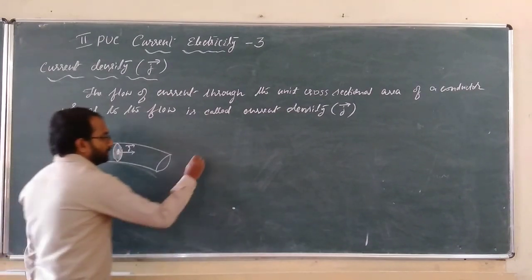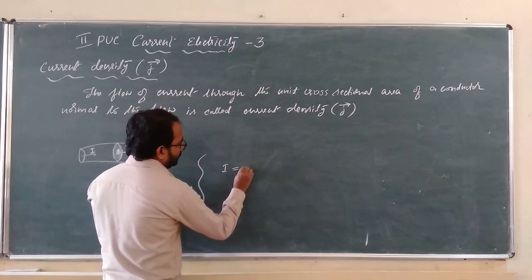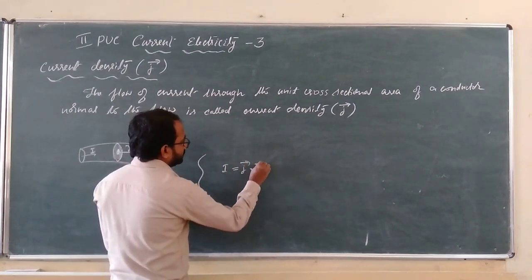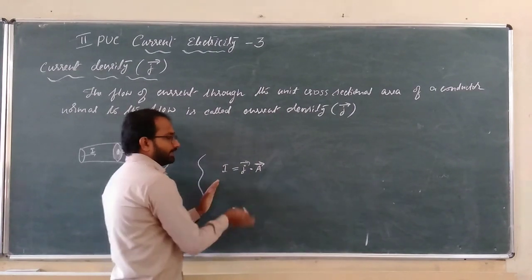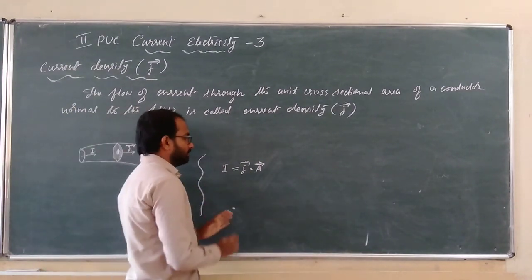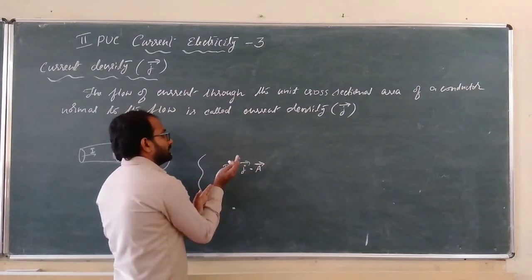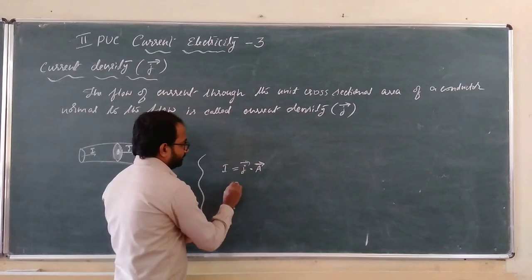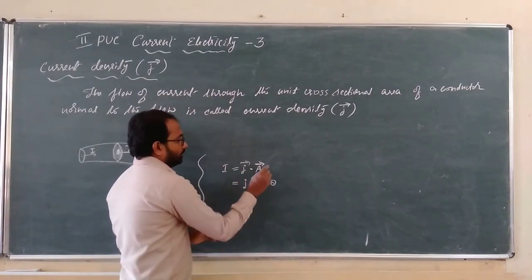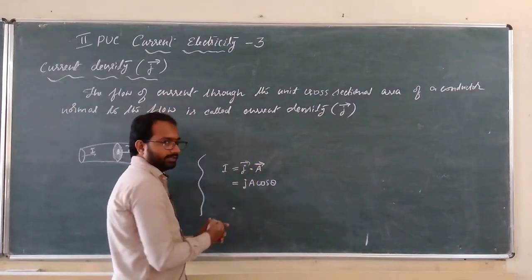Okay, so actually see I is equal to J dot A. Remember, okay, so this part is not in the syllabus or textbook. So it is a current, actually it is a dot product of current density and area vector, or J A cos theta. Okay, where theta is angle between the current density and area vector.